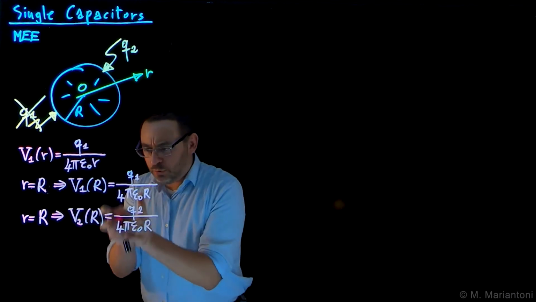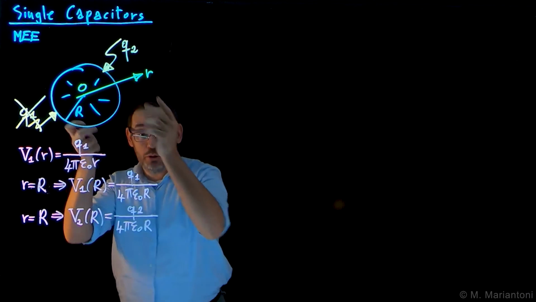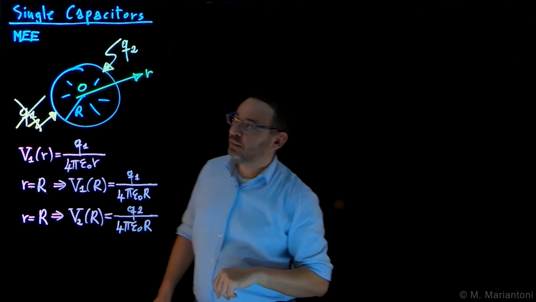So we have a different electrostatic potential depending on the source charge that we put on the external surface of this conducting sphere.